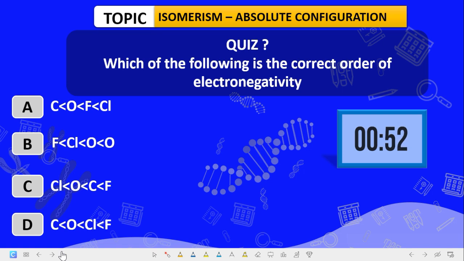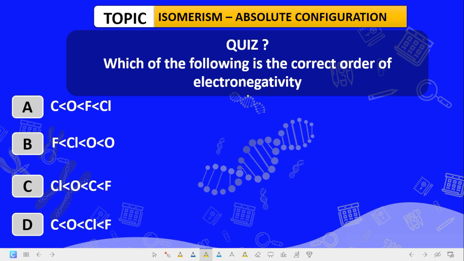You have 1 minute to answer it. Now, which of the following is the correct order of electronegativity?